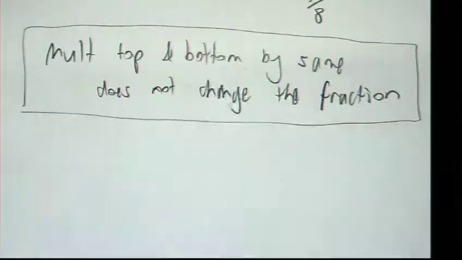So if you multiply the top and bottom by the same number, it doesn't change the fraction. And that goes with dividing the top and bottom by the same number. And that's to do with how fractions work.